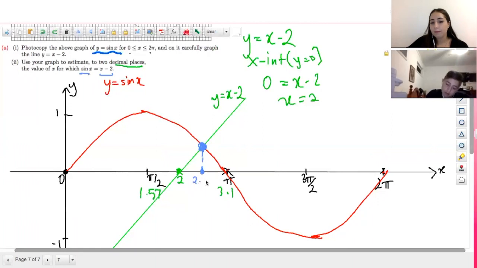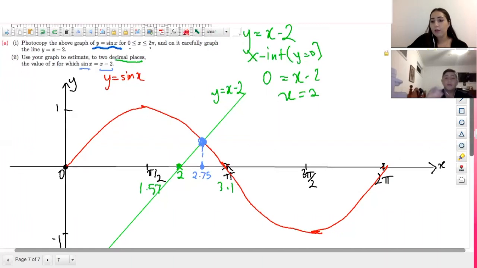So it could be like 2.75, for example. Yeah, that'll do. Another way you can do this, and there are multiple answers because it depends on the way you've drawn the graph and the way you interpret it, is, to me, it looks like it's halfway between 2 and pi.